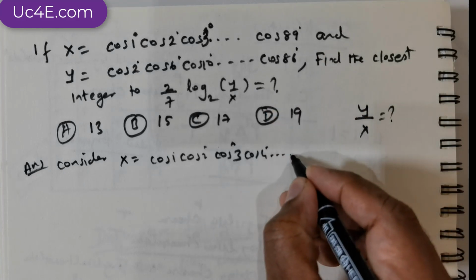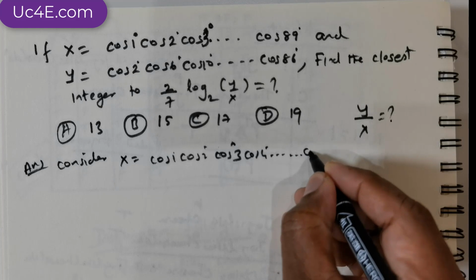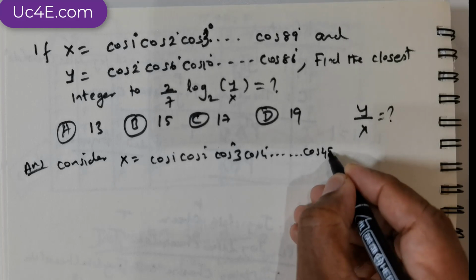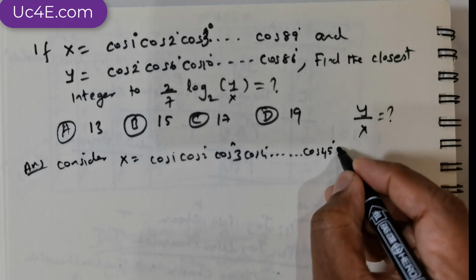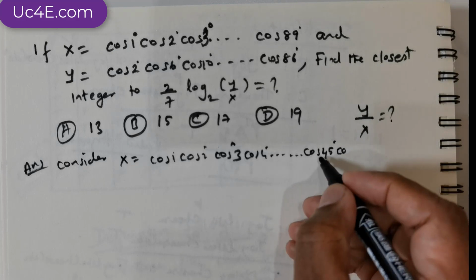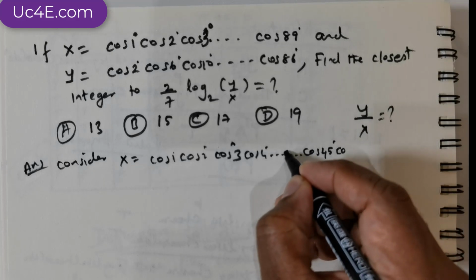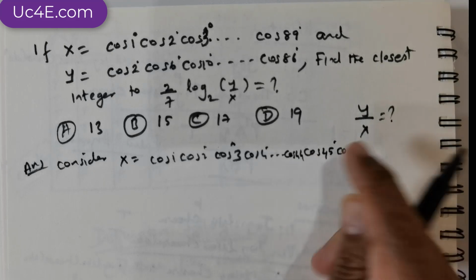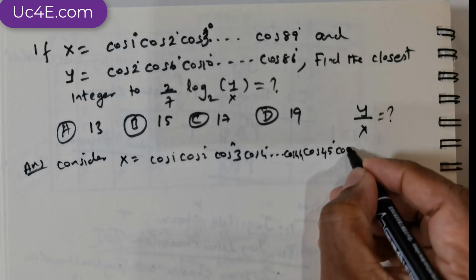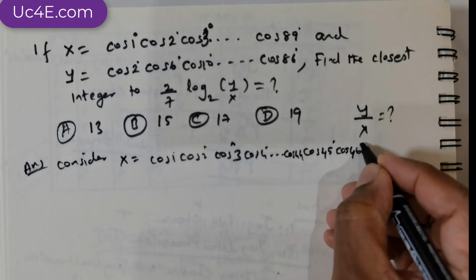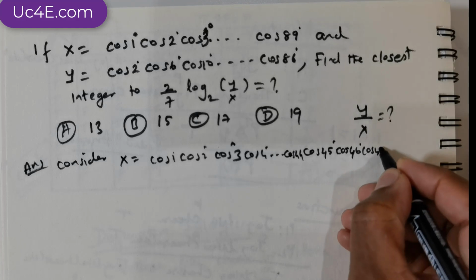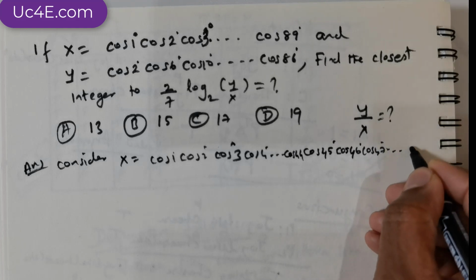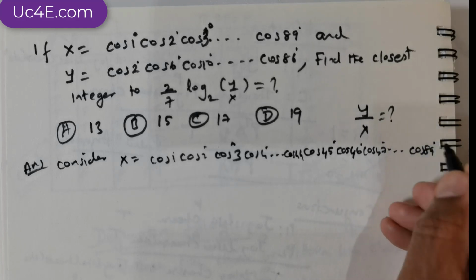Now what I wish to do is stretch all the way to cos 45 degrees, and then on the left of cos 45 you got cos 44, then cos 45, and then you got cos 46 degrees, cos 47 degrees, and so on. It goes up to cos 89 degrees.